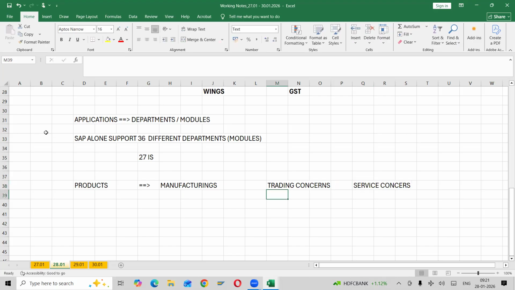Any business will come under either a manufacturing concern, a trading concern, or a service concern, right?